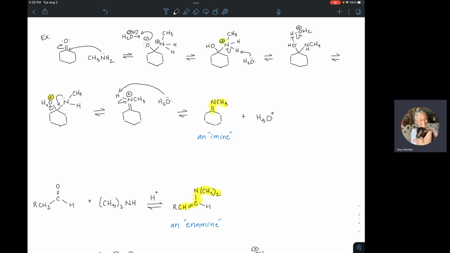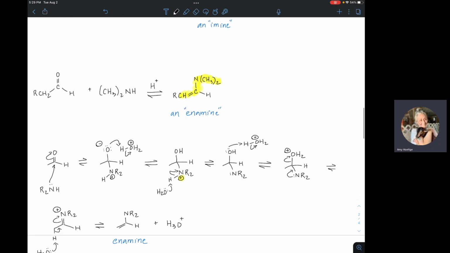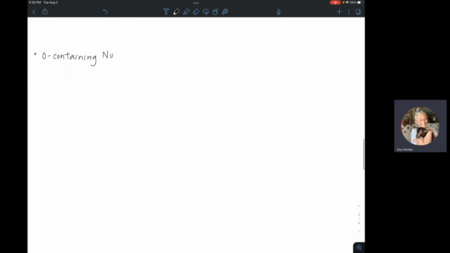The general feature is a carbon-nitrogen double bond, where the nitrogen has its alkyl groups, carbon has its alkyl groups. That's an imine. The enamine, again, is not just that particular enamine, but it could be any molecule where you have a carbon-carbon double bond, and then one of the carbons is bonded to an amino group. That's an enamine. We're going to create some new types of functionality, and I'm betting that some of you have heard of these before if you've taken any nutrition or biochem type classes at all.